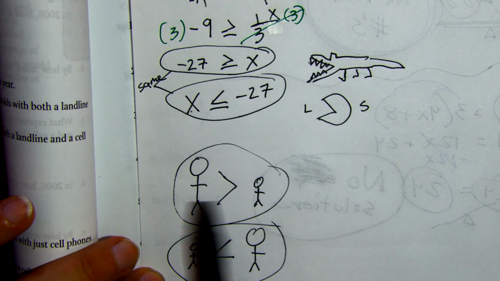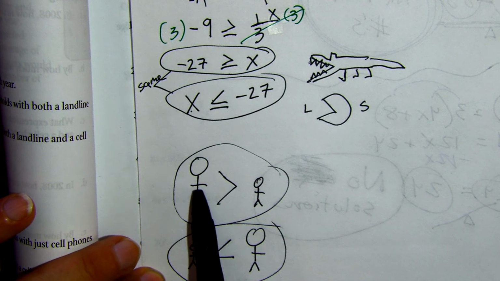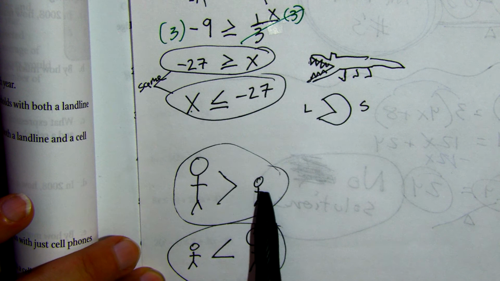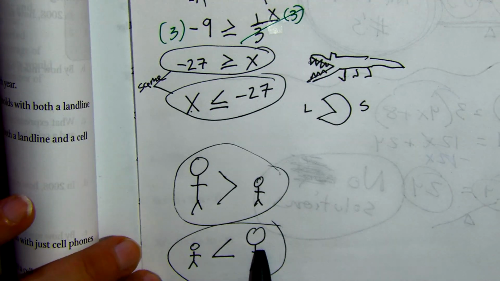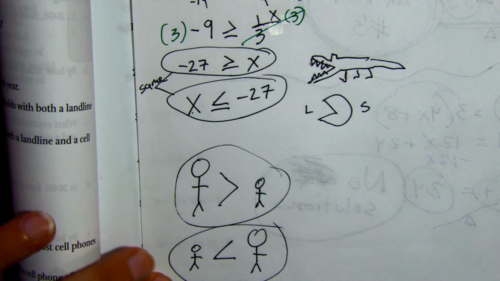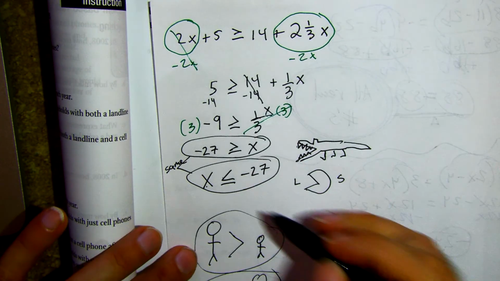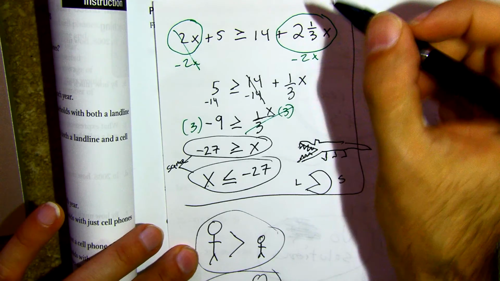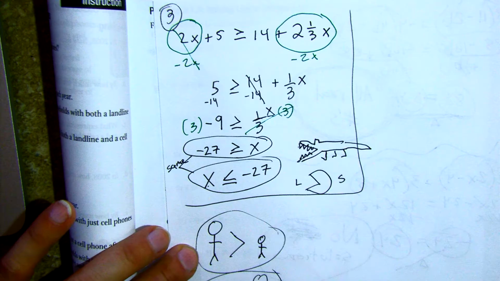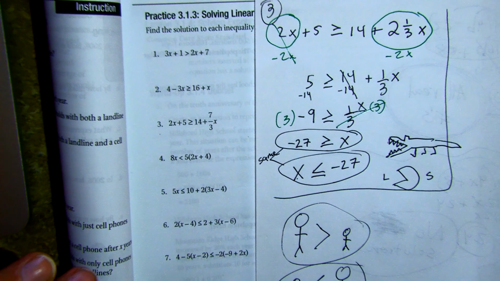So let's see. I'm going to go ahead and allow you to use this. This is number 3. You guys have 1 through 8 for your homework. So let's see how we're going to do it. I'll just do 1 and 2.